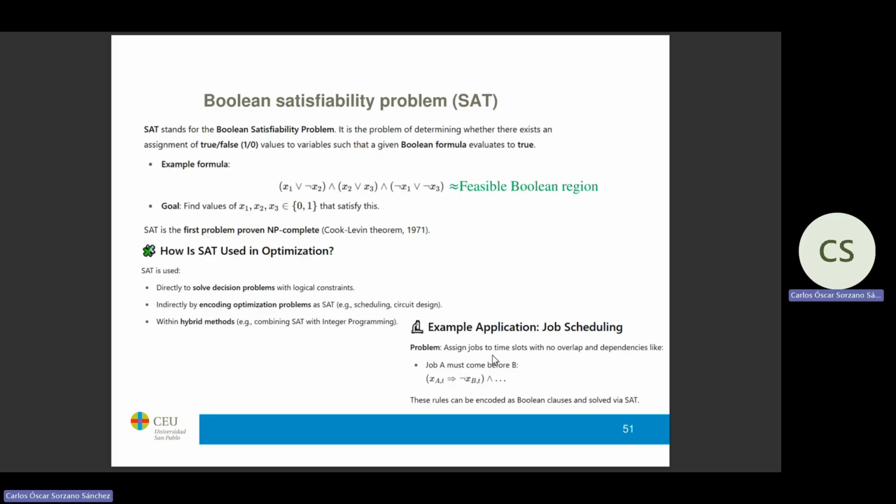So for instance, in job scheduling, assign the jobs to time slots with no overlaps and dependencies like job A must come before B. If this variable is 1, then this variable cannot be 1. So these are the kind of conditions that you can formulate with this framework.